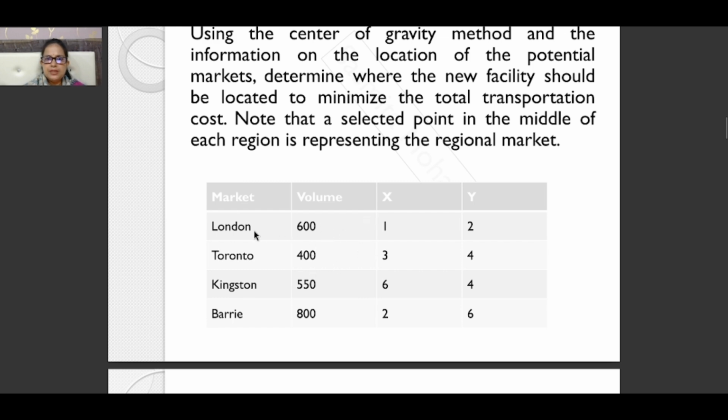To London we are transporting 600, to Toronto 400, to Kingston 550, and to Barry 800. And what are the geographical coordinates of these marketplaces? London is 1 and 2, Toronto is 3 and 4, Kingston is 6 and 4, and Barry is 2 and 6.